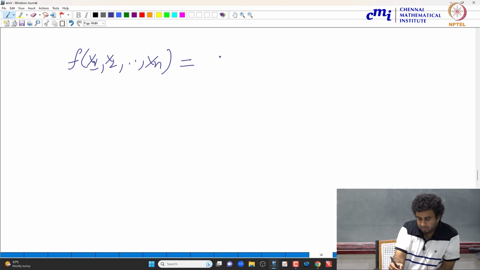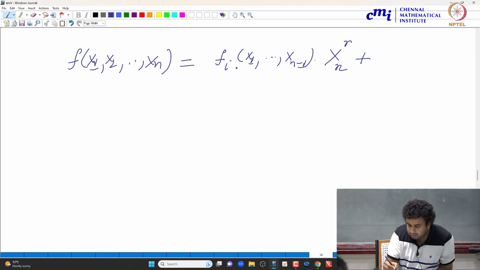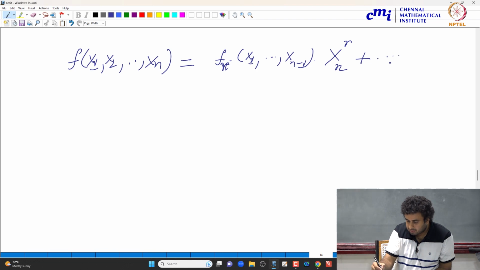You can write it as a polynomial of this form: phi(x1, ..., x_{n-1}) times xn to the power r, plus, let us write f_r, then xn times f_1, and then f_0(x1, ..., xn).